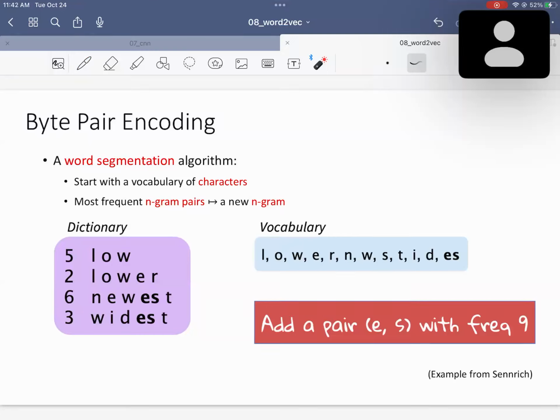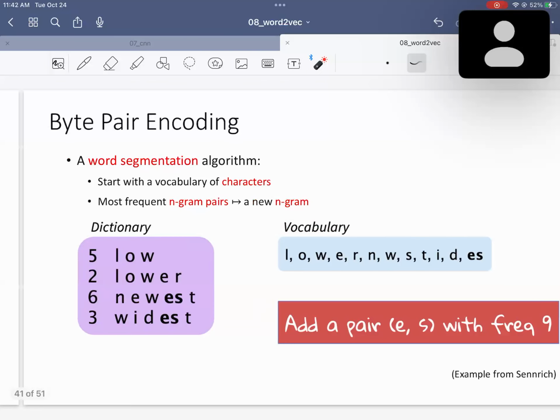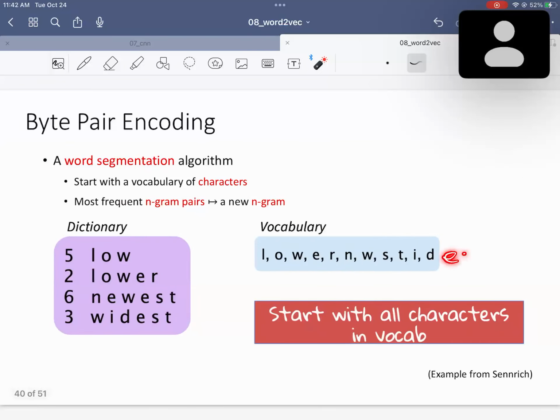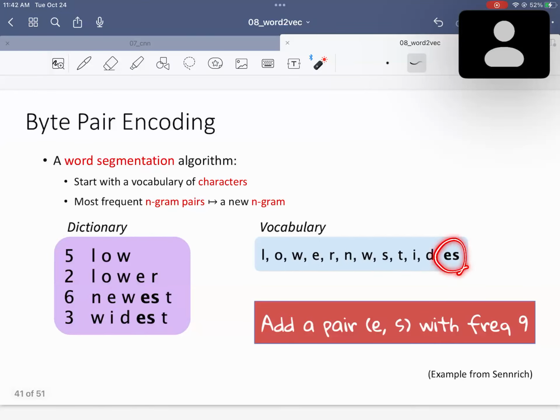That's why ES becomes a new entry to your vocabulary. It wasn't there before, but since you counted how many pairs of letters occur inside your entire dictionary, the largest one becomes a new entry to your vocabulary. And you keep doing this.